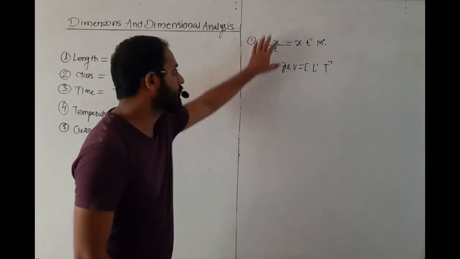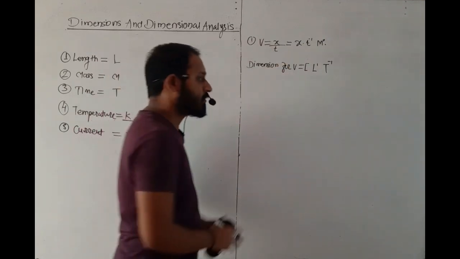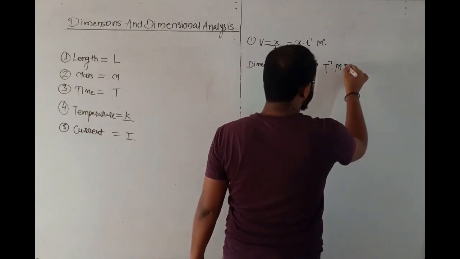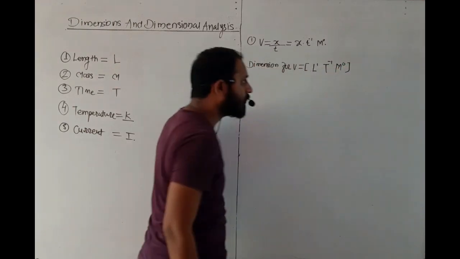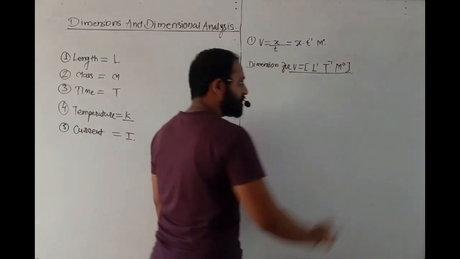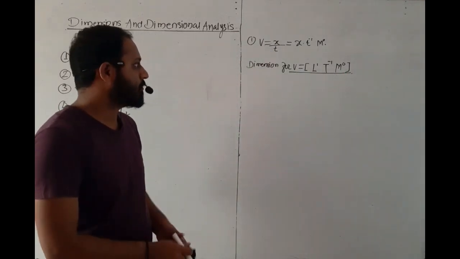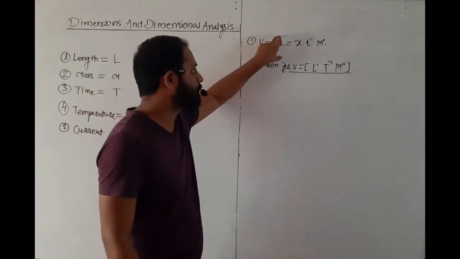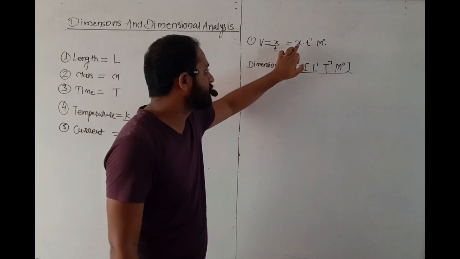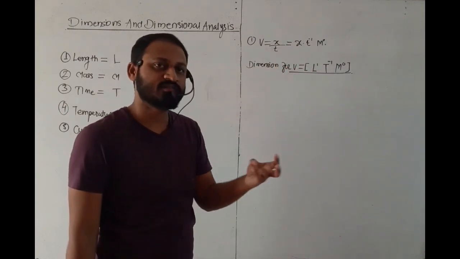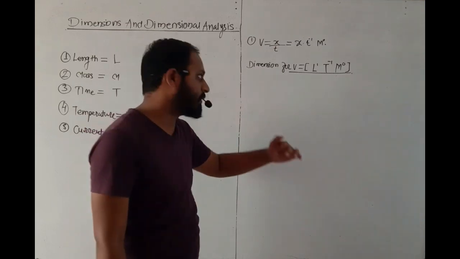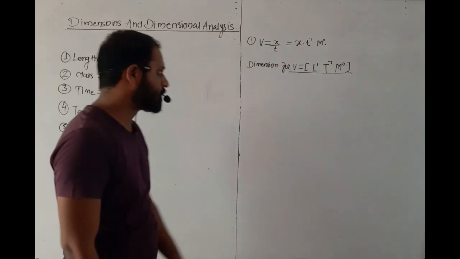And here there are no terms of m, that's why we can write m power 0, and this is the dimension for what? Velocity. Okay, पहले क्या करना है? जो भी फॉर्मूला है उसको ऐसे लिख लेना है. After that, just replace position, distance, displacement by length, small t by capital T, and m as it is.